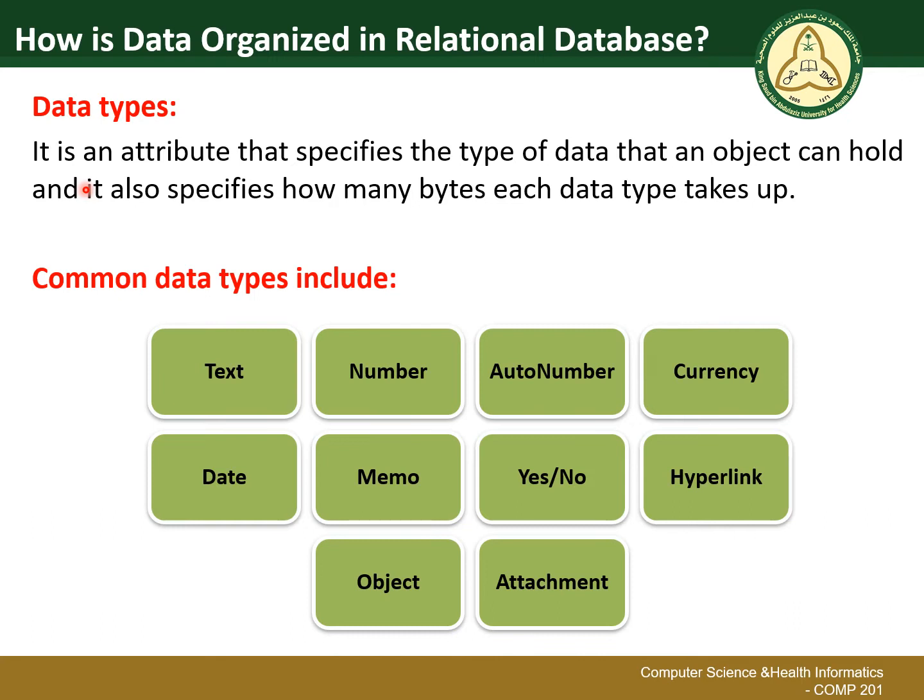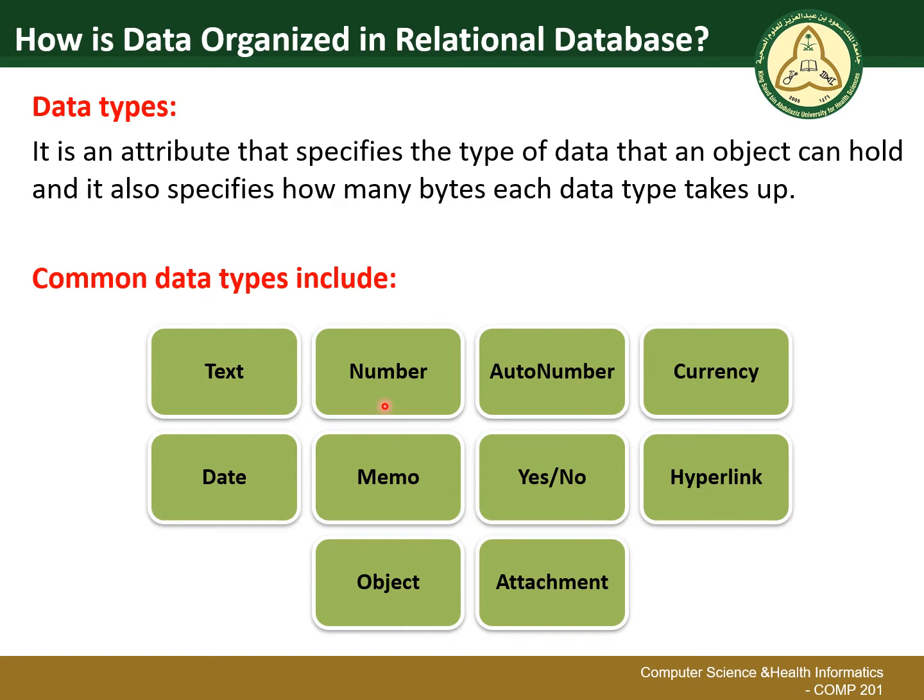Here we can see the common data types, which include text. This type of data is used to store alphanumeric values like alphabets, as well as numbers and special characters. It can take up to 255 characters.